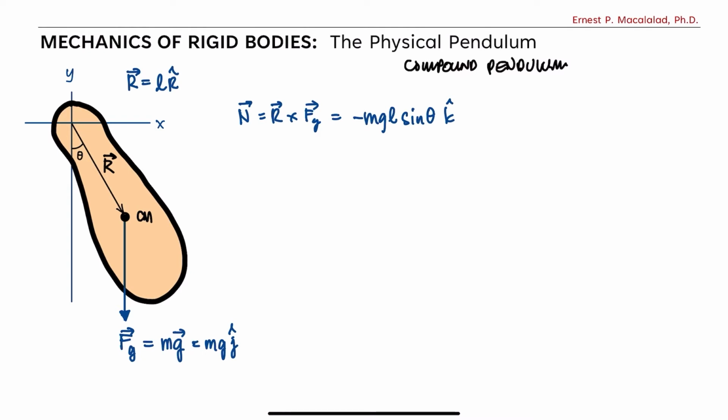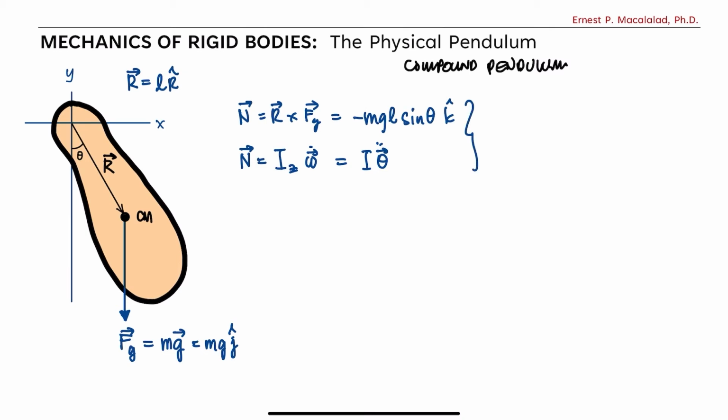On the other hand, Newton's second law for rotation says the net torque acting on the object is equal to the moment of inertia about the z-axis times the angular acceleration, omega dot. In terms of theta, this is equal to I theta double dot. As you will notice, this is also in the z direction.